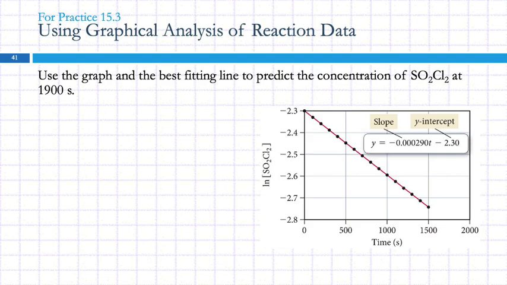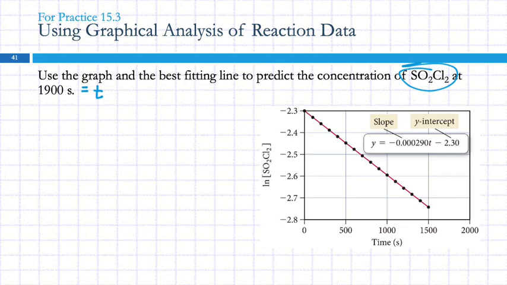So this is saying, okay, use the graph in the best fitting line to predict the concentration of SO2Cl2 at 1900 seconds. Our data doesn't go out that far, but we could predict the concentration based on that line equation. So we're trying to find this concentration, and 1900 seconds is our time.